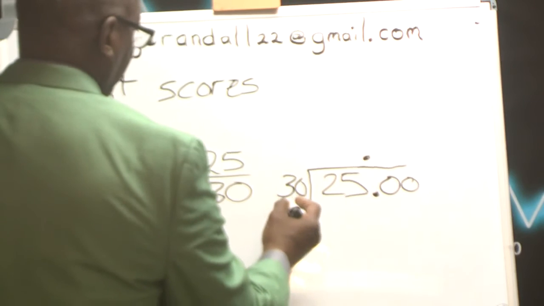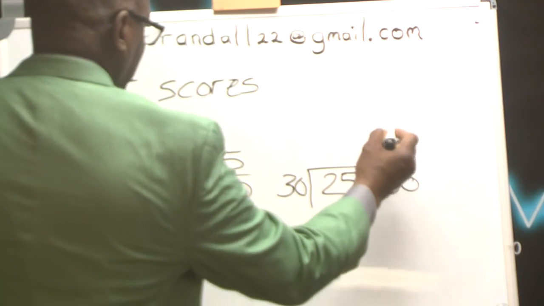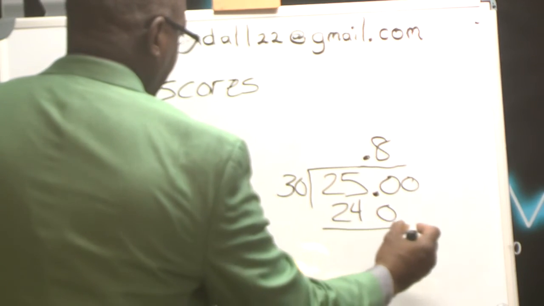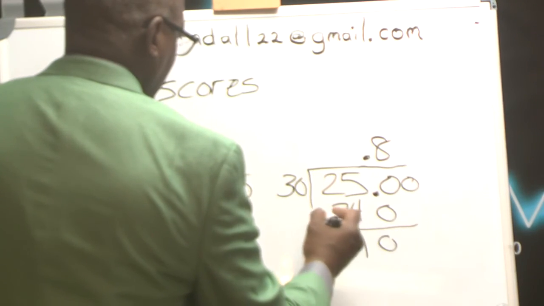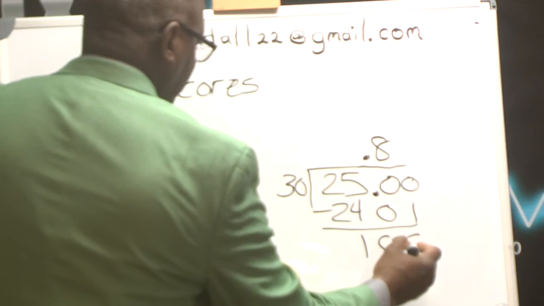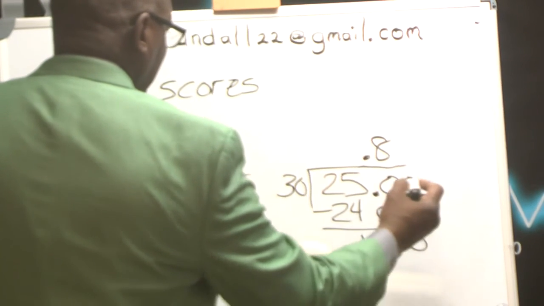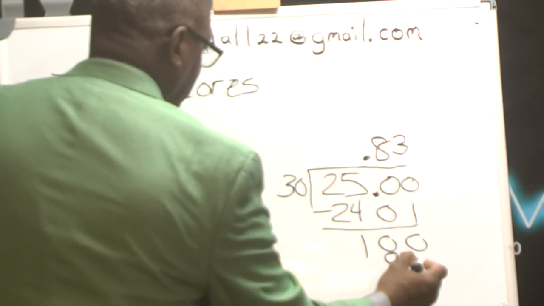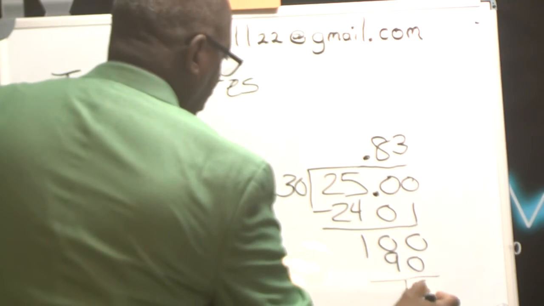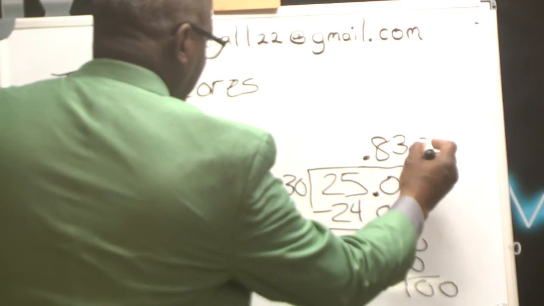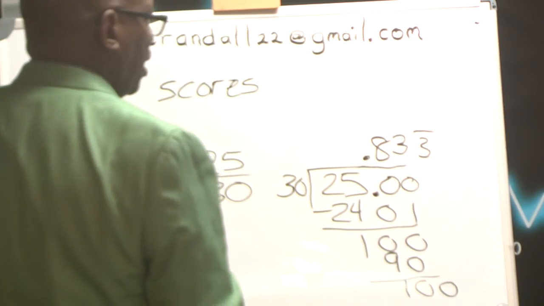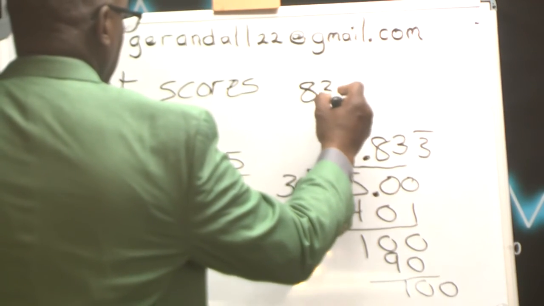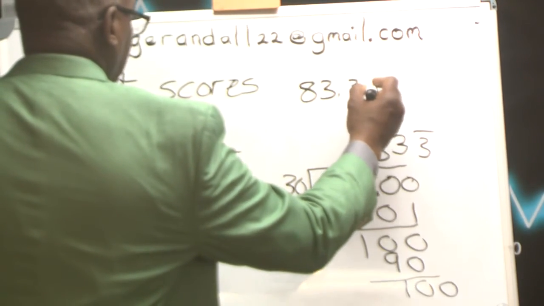However, how many 30s can we get out of 250? 8. Bring down our 0. 30's out of 100, 3. And this is going to repeat and repeat. So you get 83.3%.